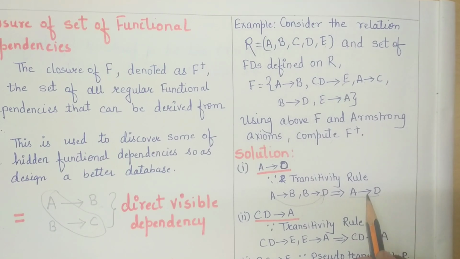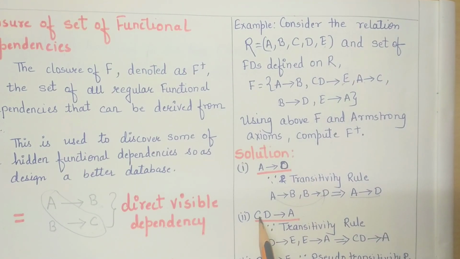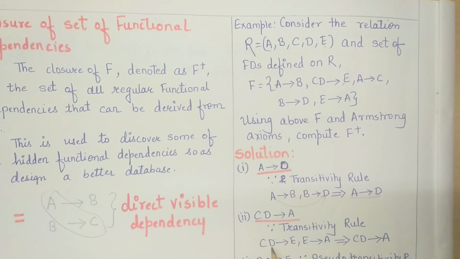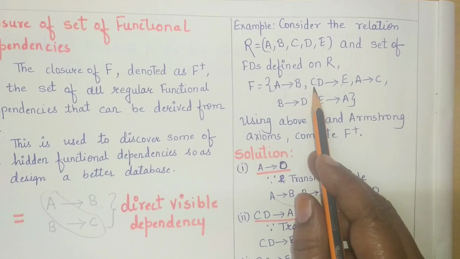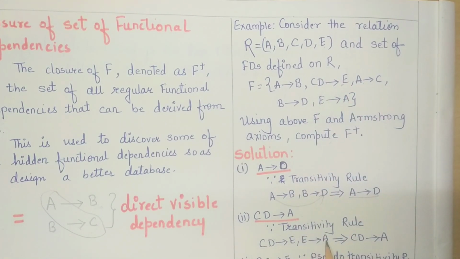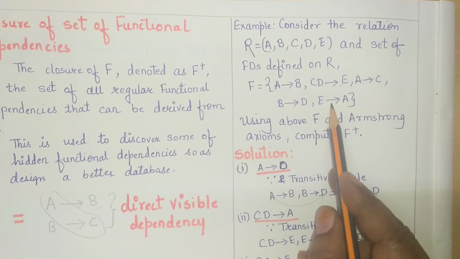Next, see here, CD determines A. This is a hidden functional dependency, and how have we got this? Again with the transitivity rule, as we have the functional dependencies CD determines E, which is given here, and E determines A, which you can also see here.